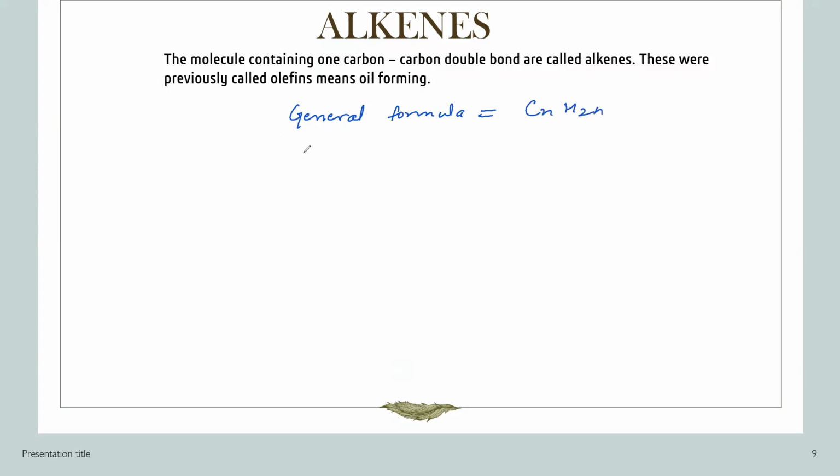So for example, what would be the alkene with 3 carbons? So put in the general formula, n equals 3. So C3H2 times 3, which is C3H6.